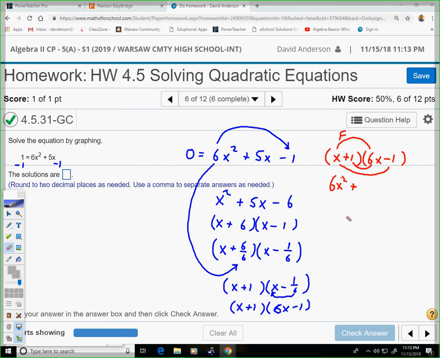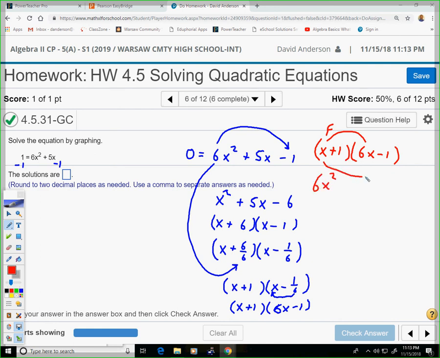Whoops, now I gotta start over. Okay, x plus 1 times 6x minus 1. Okay, so the F of FOIL. X times 6x, that's 6x squared. The O of FOIL, that x times negative 1 would be negative x.